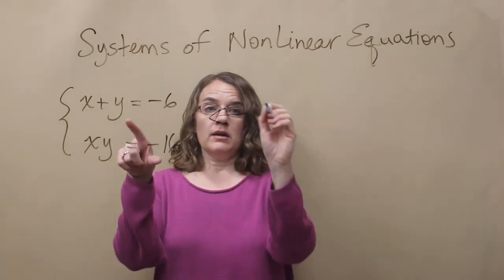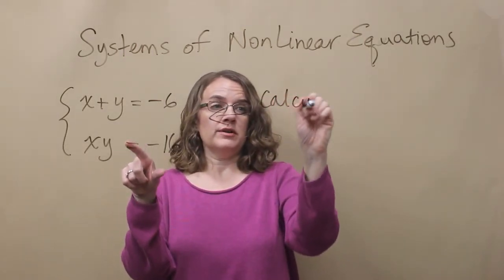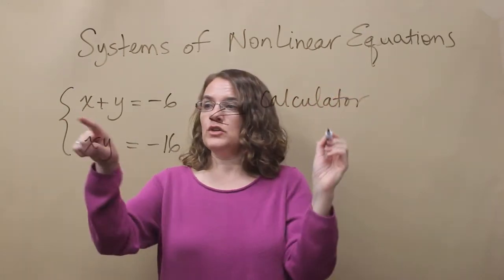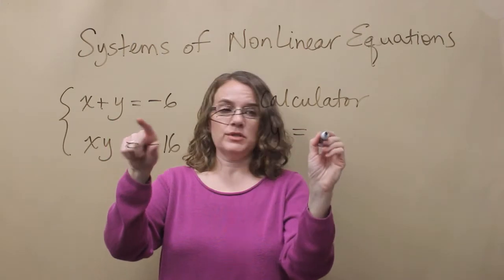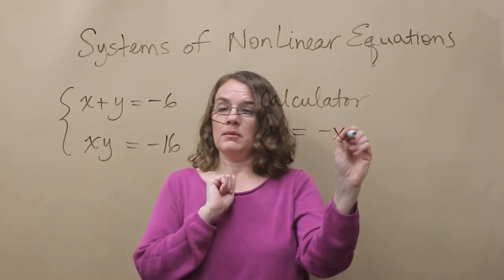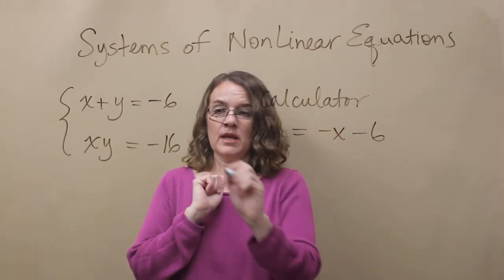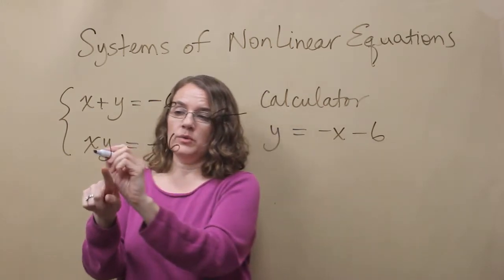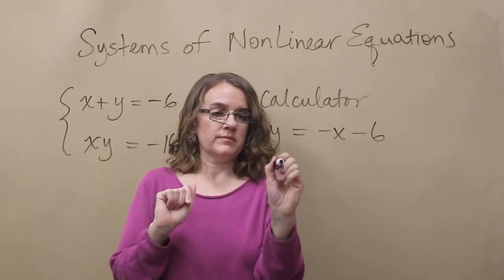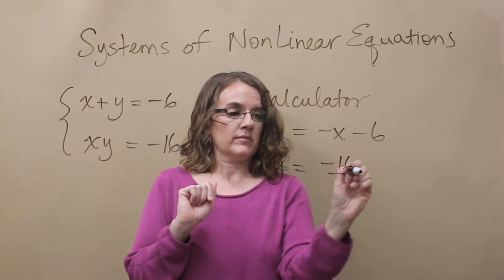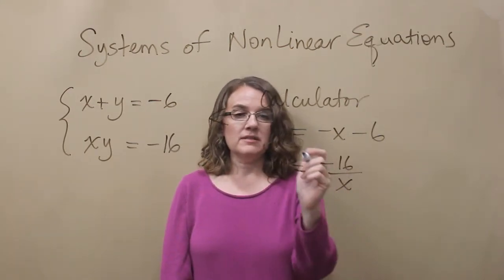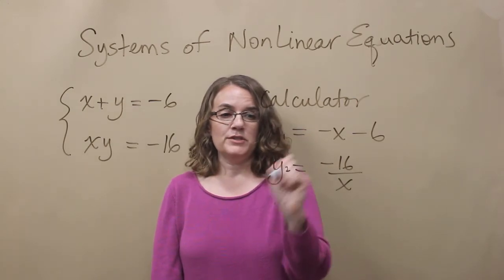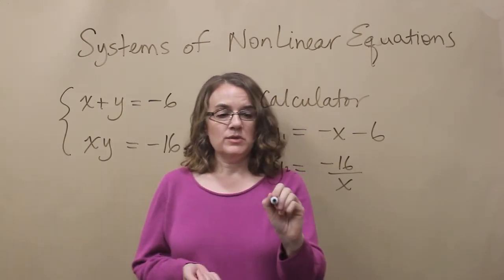So for your calculator, you want to rewrite this where we'll get y is equal to negative x minus 6. And for this one, we will divide both sides by x. If you put these in y1, y2, then you can use calculate.